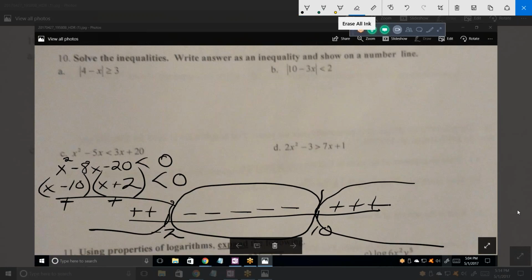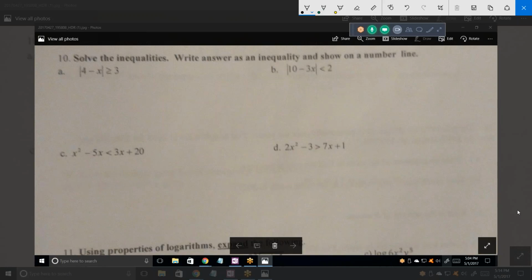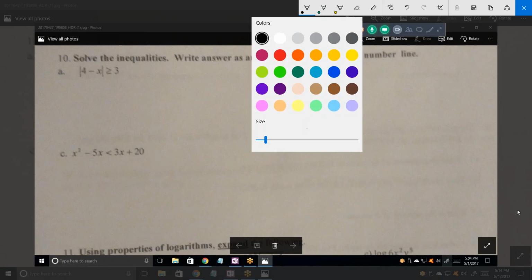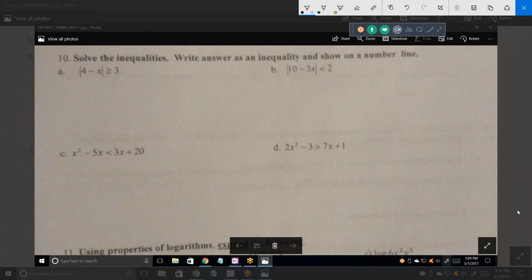Let's do the same technique on this second one. Tell me what the next line's going to be. 2x squared minus 7x minus 4 is greater than 0. Factor that.